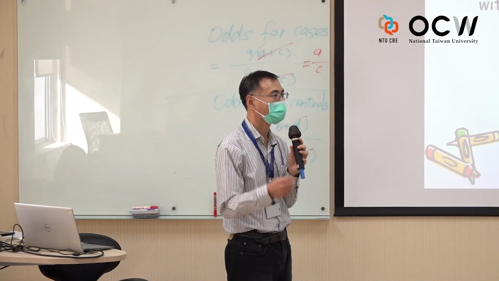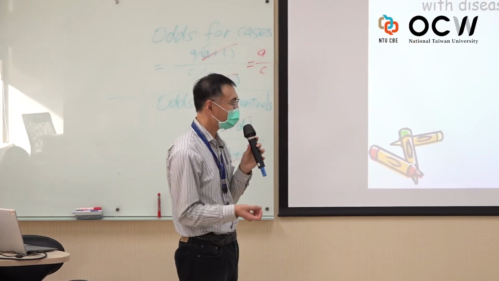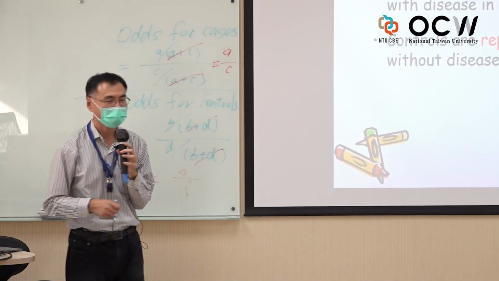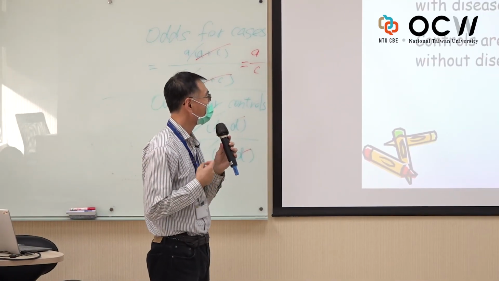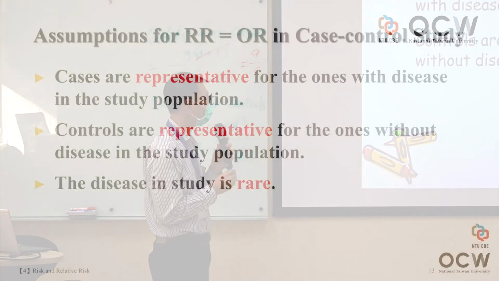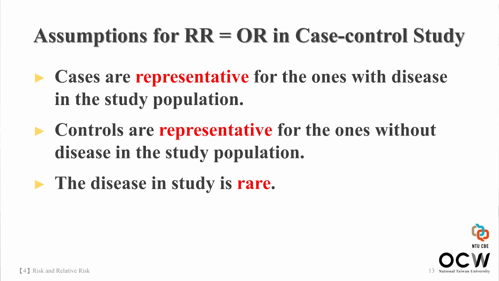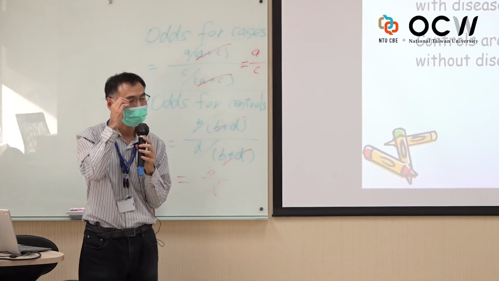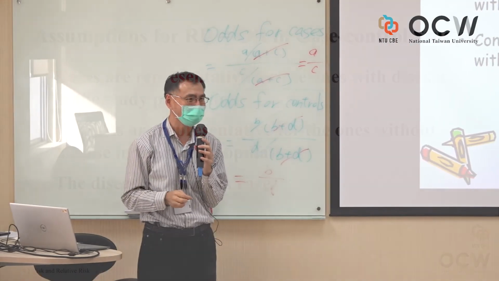That's the way, the so-called random process, to help us get representative cases. And also, with a random process, we could get a sample with representative controls from the study population. So that's why we need to perform a random selection with different kinds of sampling methods, remember?